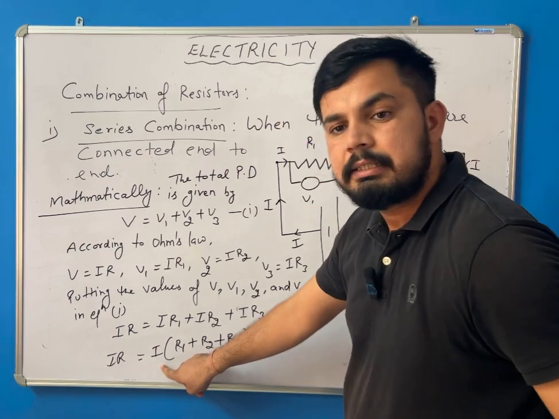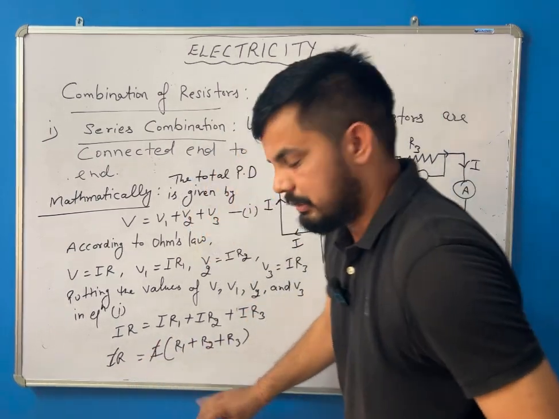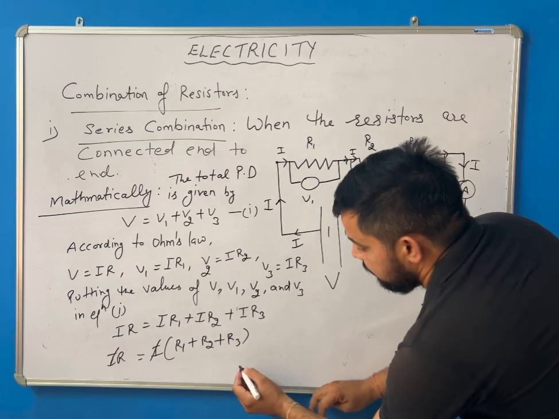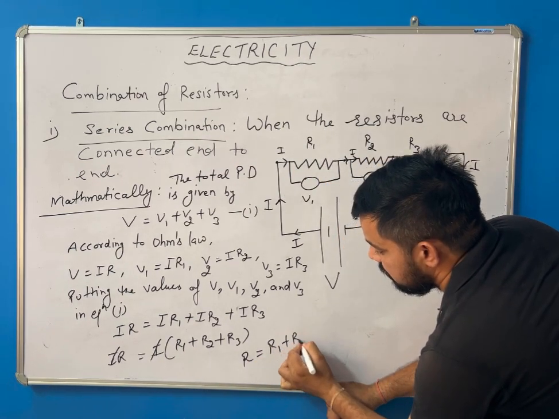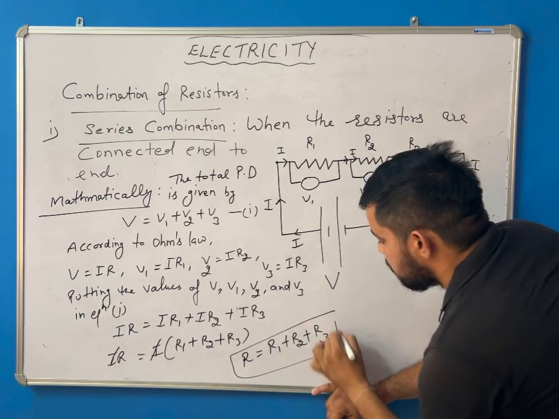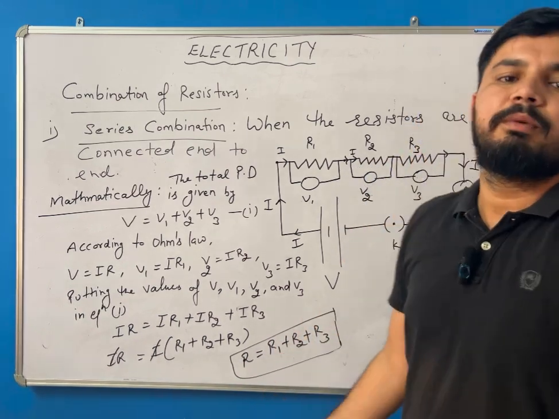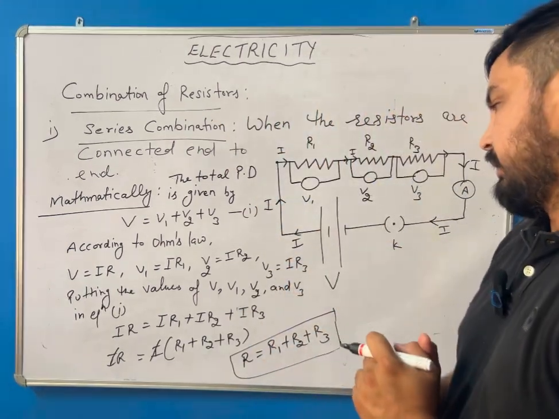I is equal on both sides, so I is cancelled. What will we get? R is equal to R1 plus R2 plus R3. So this is your final formula to find the series combination of resistors.